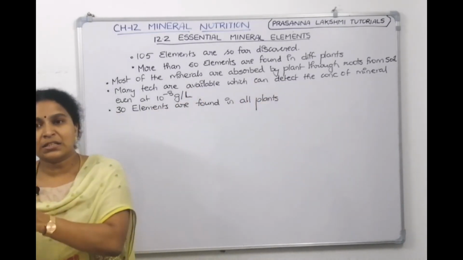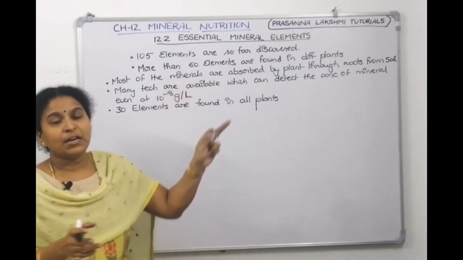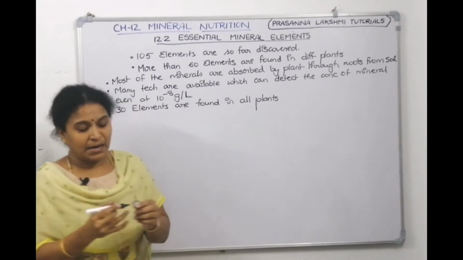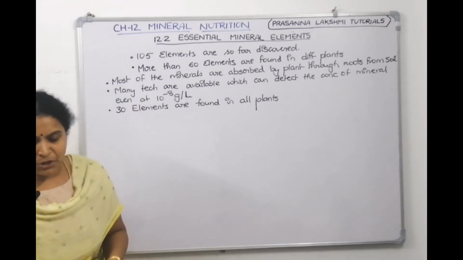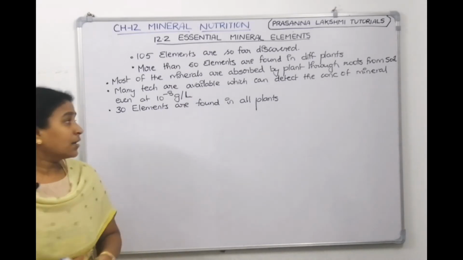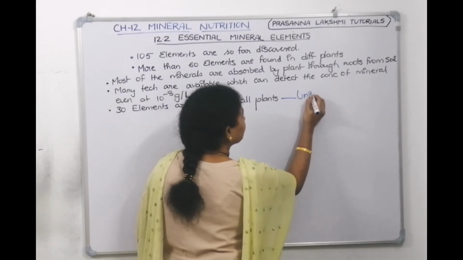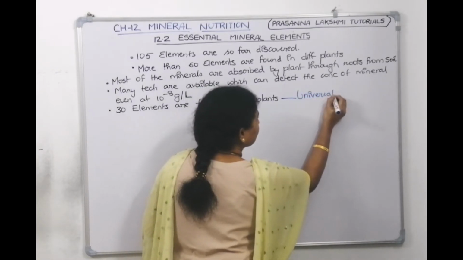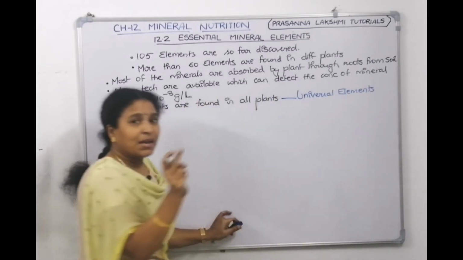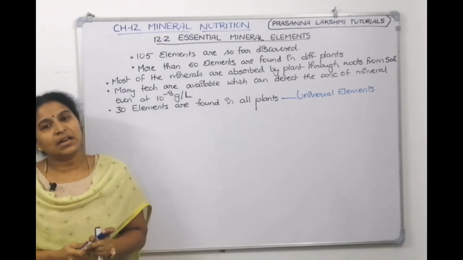One plant has these 30, another plant has the remaining 30, like that. Out of that, 30 elements are found in all plants. These 30 elements which are found in all plants are called universal elements. Right children?